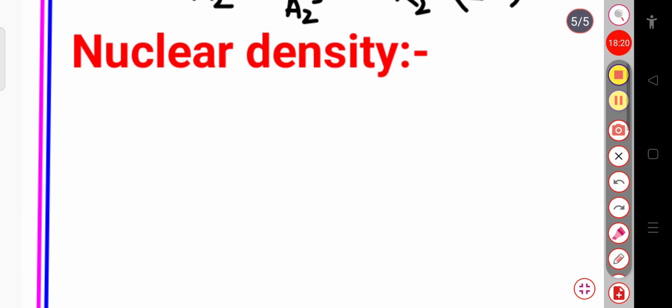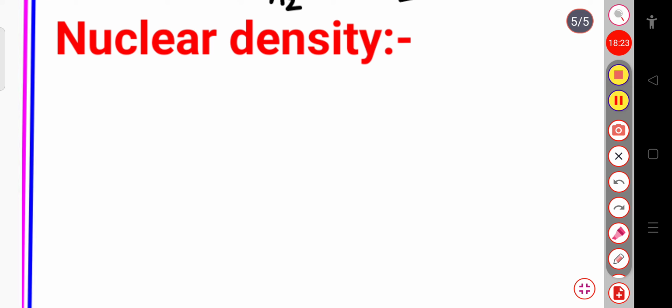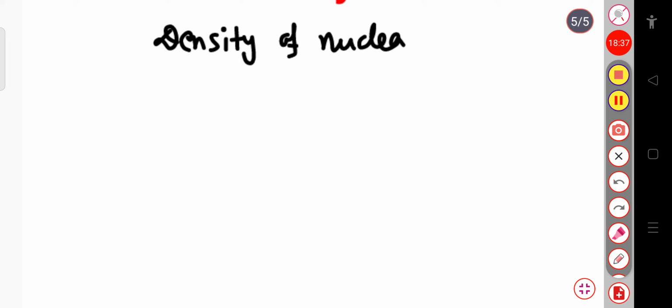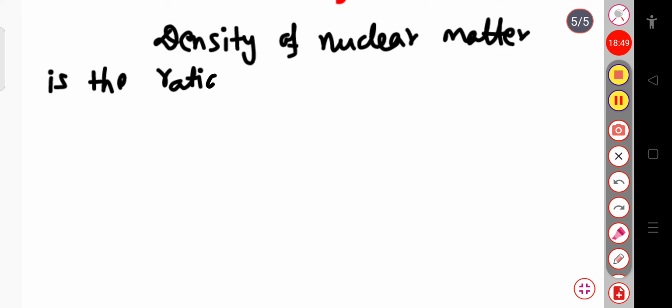Now we will see the nuclear density. What is nuclear density? Basically, the density of nuclear matter is the ratio of the mass of the nucleus and its volume.